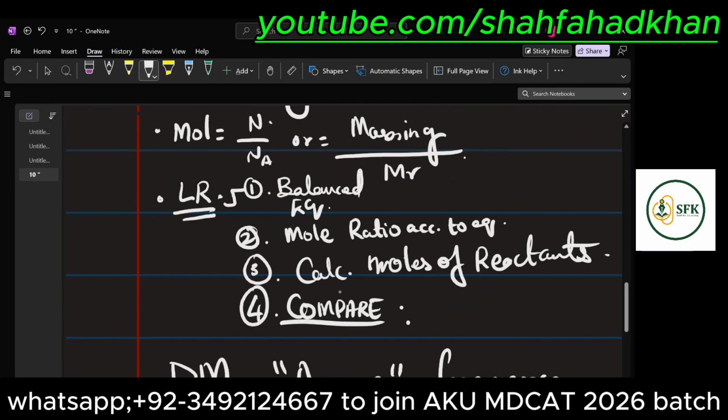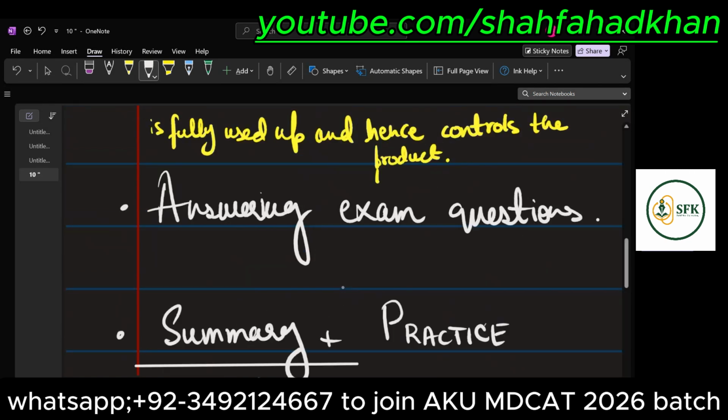If any component is more or less than that mole ratio, then that would determine if it's in excess or limiting reactant. Okay, if it's more than the quantity given according to the equation, then that would mean it's going to be in excess, as we did over here, the last step.